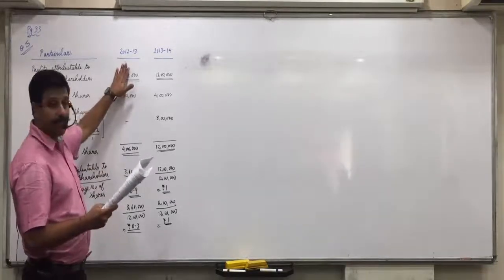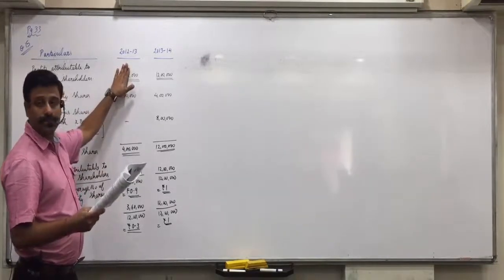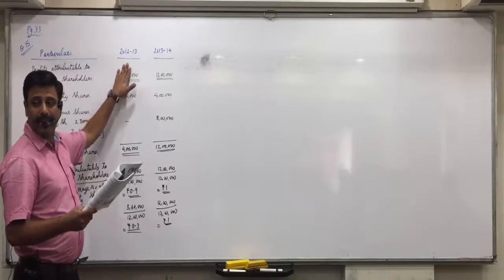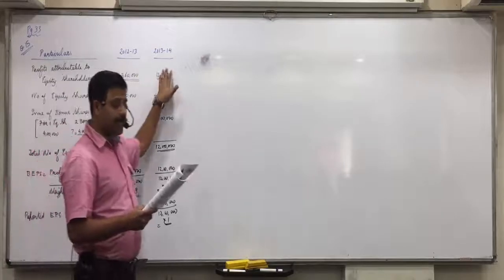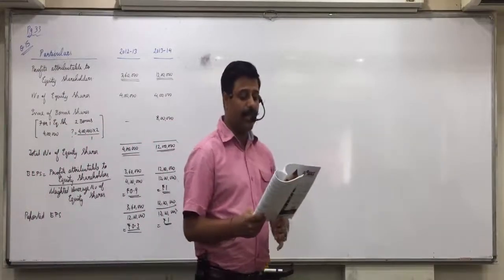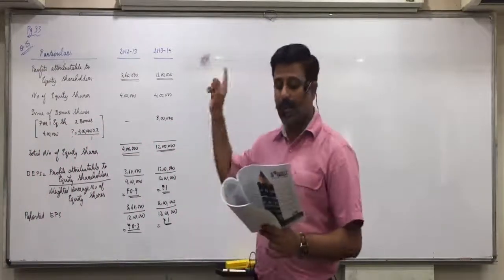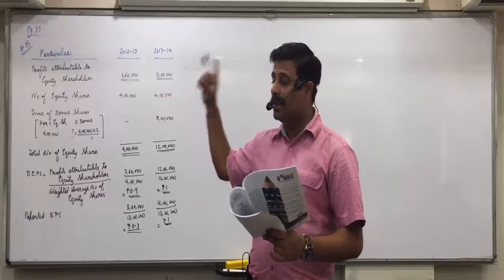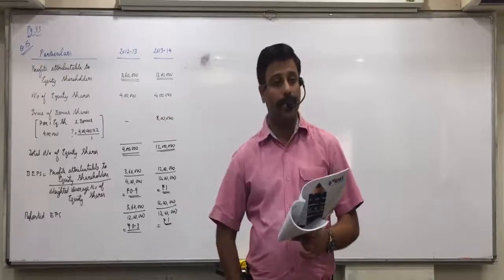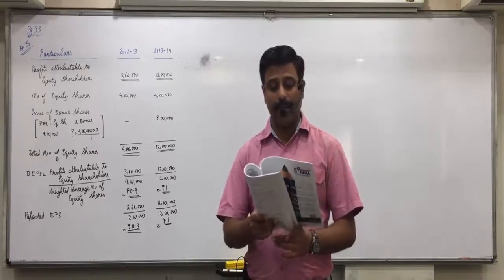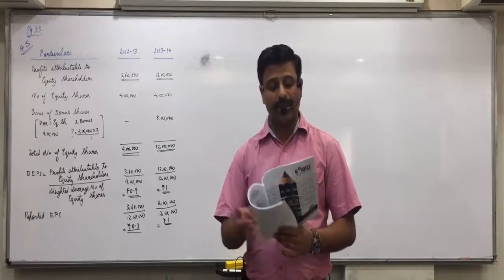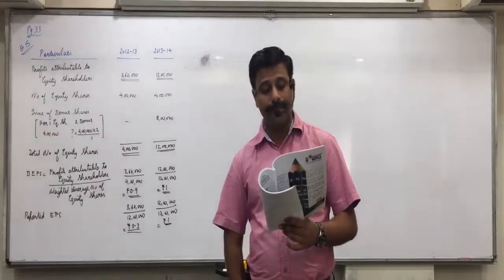So, which is the first year? 10 to 11. 31st March 2011 means the year is 10 to 11. And second year? 11 to 12. What is the profits? 12 crores for 10 to 11 and 16 crores for 11 to 12. The company made a bonus issue of underlying 2 equity shares for each share outstanding on 1st April 11.